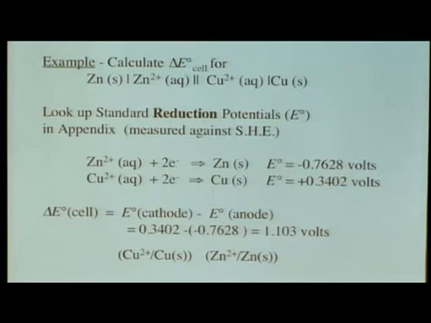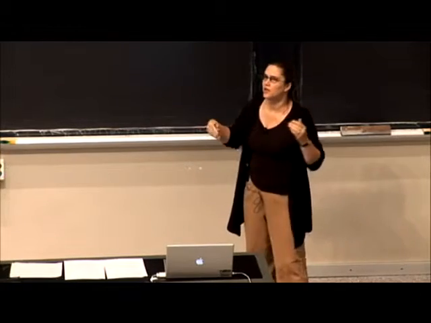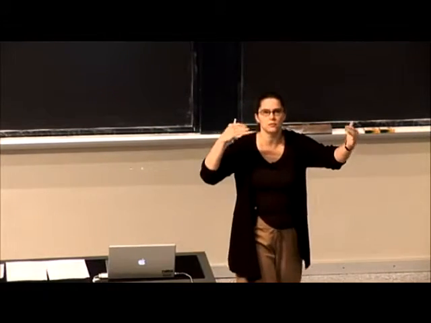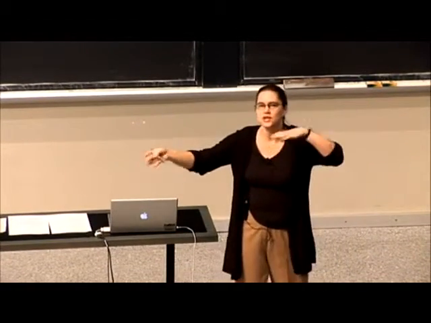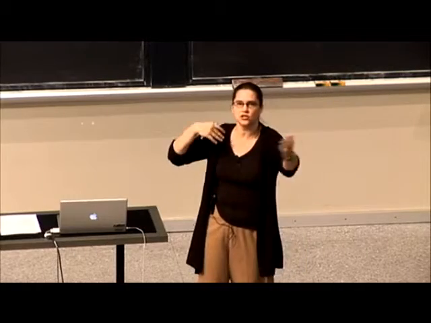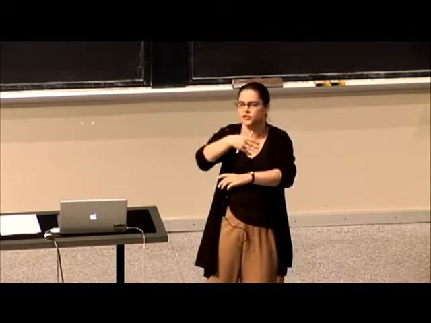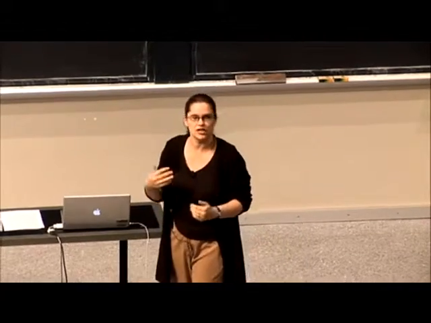In doing these, this is a pretty easy thing to do, but I'm emphasizing it because a lot of people out-clever themselves. They say, well, one thing is being oxidized in this reaction, one thing's being reduced. So I'm looking up a standard reduction potential, I'm going to change the sign and then plug it in and change the sign again. They change the sign so many times and they come up with the wrong answer.